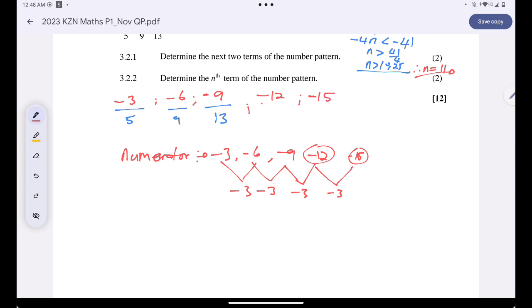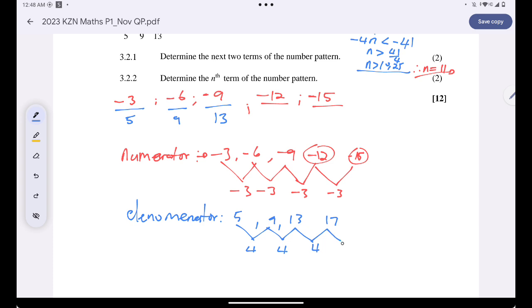Are we together? And then the denominators, let me write it in blue. I have 5, 9, and 13. The difference this time around is 4.